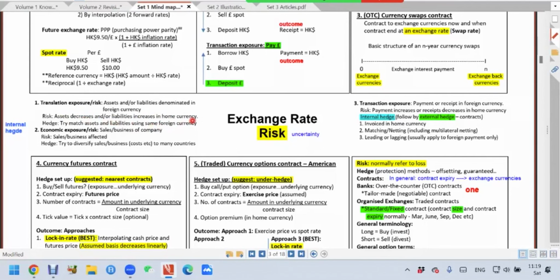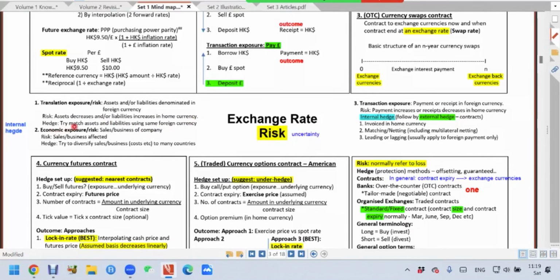So this type of company will have translation exposure. Normally it will happen to a multinational company where they have a foreign subsidiary. So then we ask this question, how to hedge? Very simple, one method only.